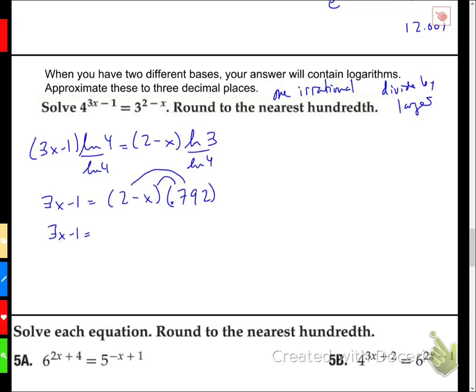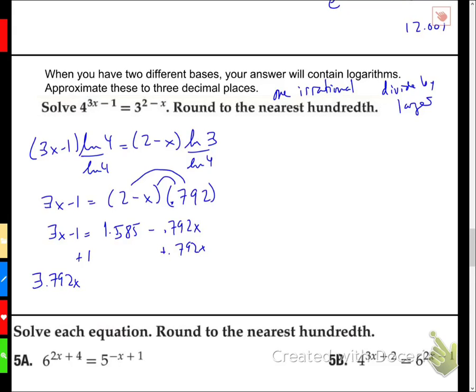I'm going to multiply that by 2, which gives me 1.585, and then minus 0.792x. Distributing that onto the x's gives me that many x, because I had minus 1x to begin with. Now I'm going to add 0.792x, and add 1 to each side.